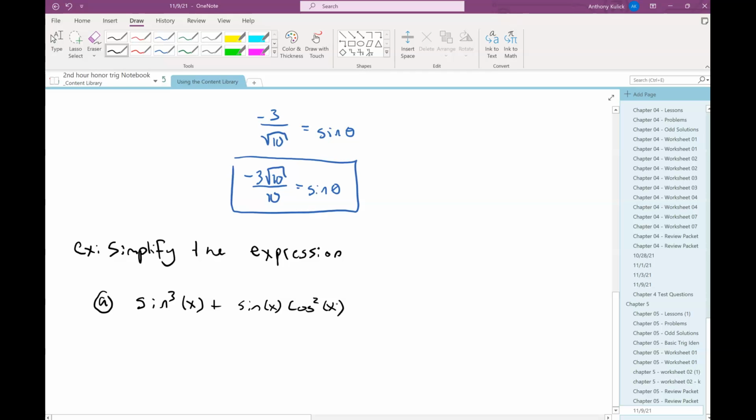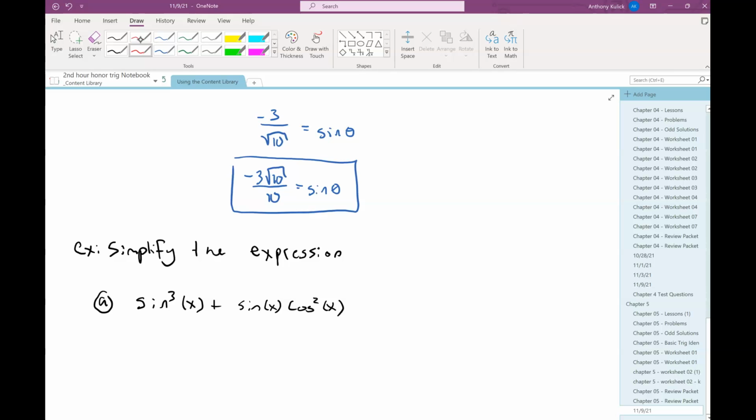So in these simplify the expression problems, you're going to start off with something that's kind of complicated looking, and you're going to try to do as much as you can to make this simpler. Ideally, you will want to get it down to a single trig function. That's kind of as simple as things can get.